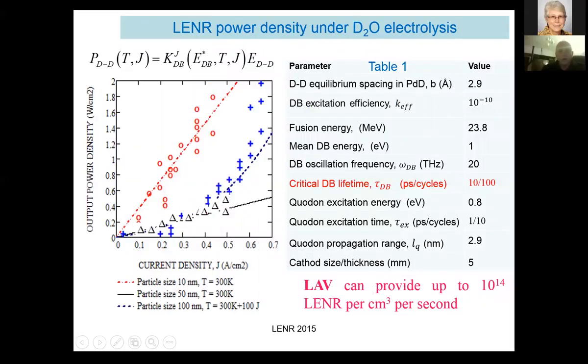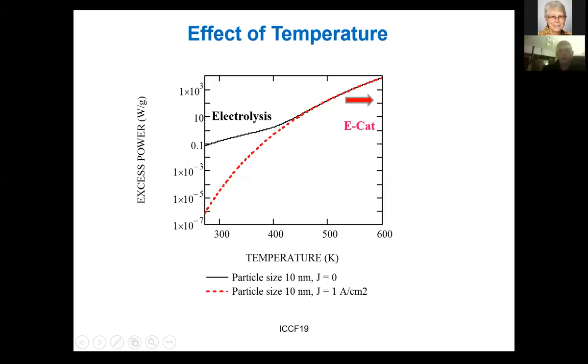For instance, in the first case, there is a quantitative comparison between the model and the experimental points provided by different researchers. And from this picture, you can see that LAVs can provide up to 10 to 14 successful low-energy nuclear reactions per second in the case of heavy water electrolysis.